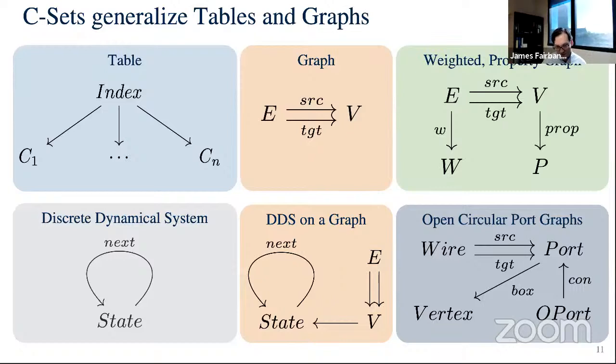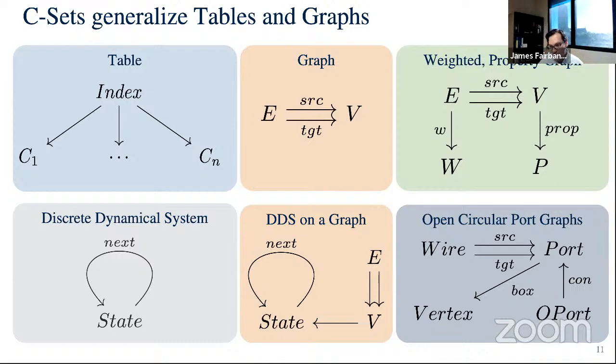Then you can do pushouts of schemas here and merge things, or just combine things. So a DDS happening on a graph: I have a graph, each vertex has a state, each state has a next state. You could think of that as storing all the data of what would happen when a discrete dynamical system occurs on a graph.